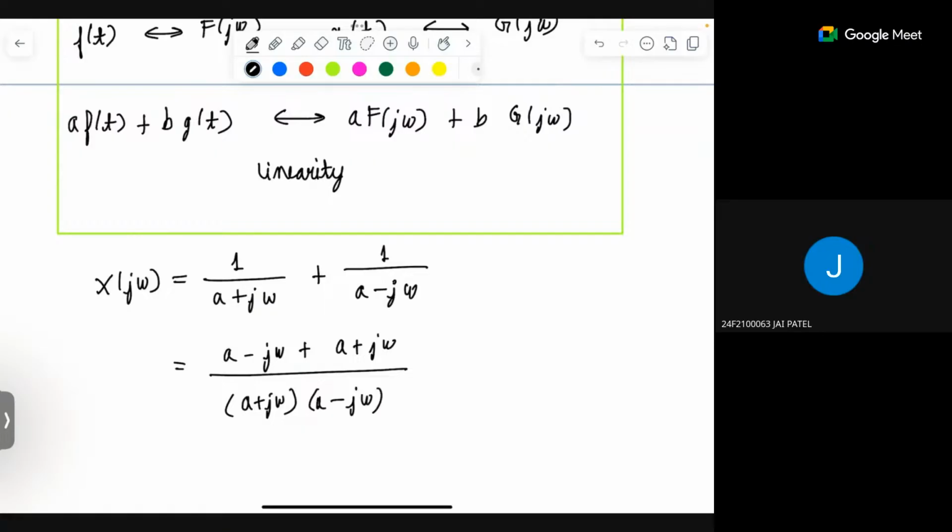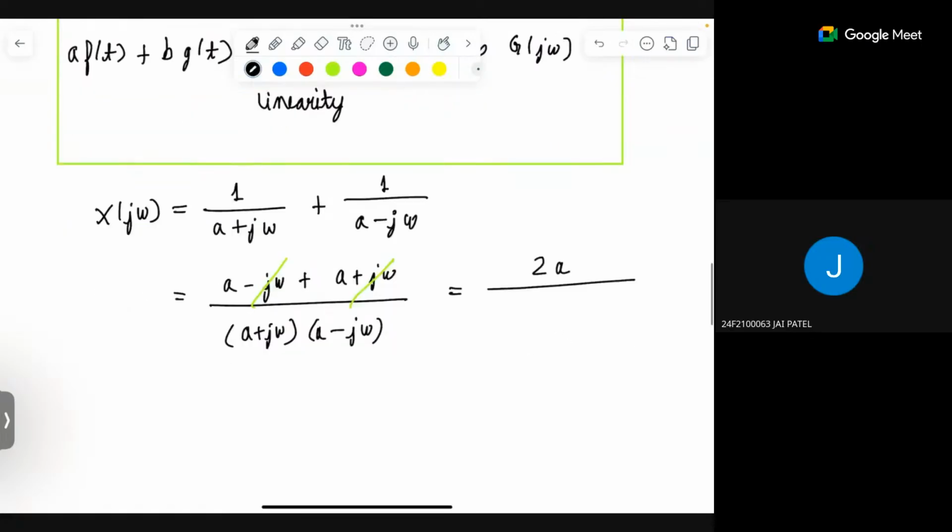Now we have some cancellations here. If you see, this and this get cancelled. So I have 2 times a, and in the denominator, a plus b into a minus b, that identity. So a square minus b square, where j omega whole square will become negative. So that will make it plus. So I have a square plus omega square.